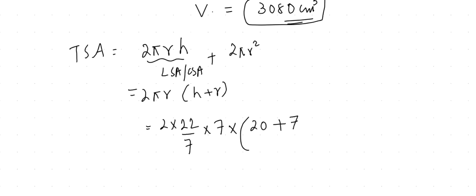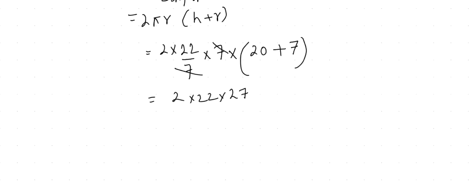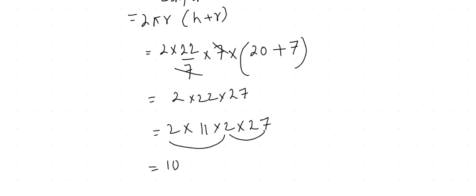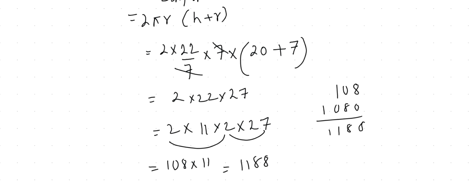Okay. 7 and 7 will nullify. 2 into 22 into 27. So we can write this as 2 into 11 into 2 into 27. 27 times 54, times 2 is 108. 108 into 11 will be 1188. And this is the total surface area.